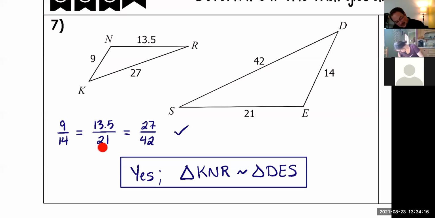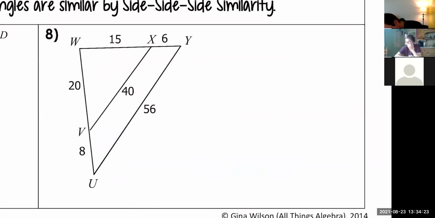Number 8, this one's kind of sneaky because, again, these darn triangles are overlapping. So what we have to do here is I need to know this whole side for that triangle, which is just the 15 plus the 6, right? Just 21.